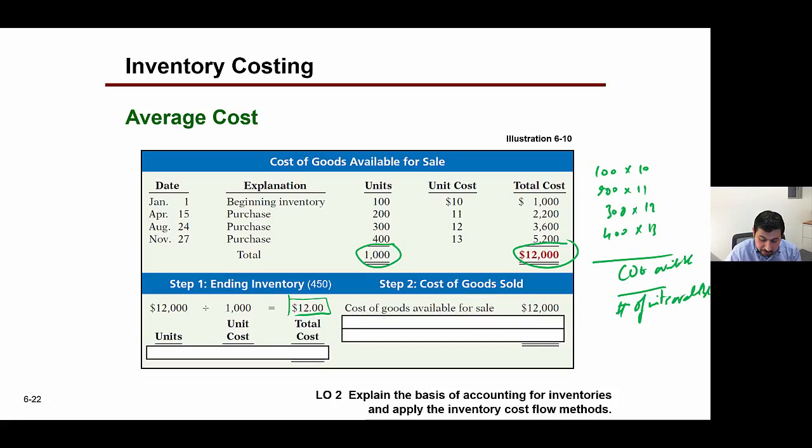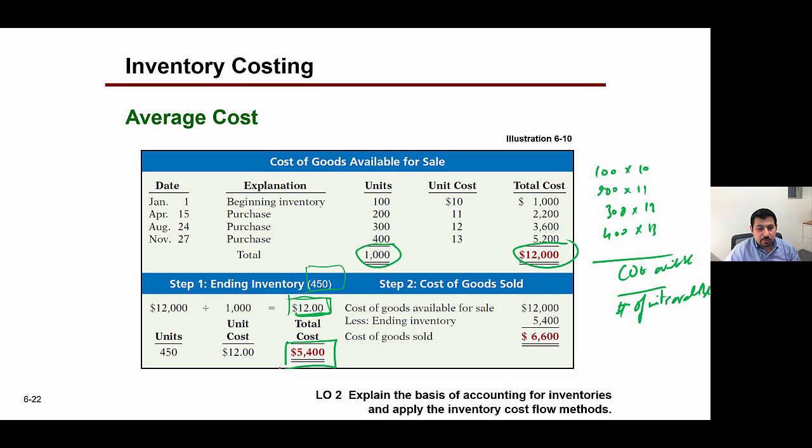Now that we have the cost at this point, remember that this is not the selling price. This is the cost to the company, the purchase price. So now that we have the cost on average is $12, we multiply it by the number of units in our ending inventory. So this would be the value of our ending inventory.